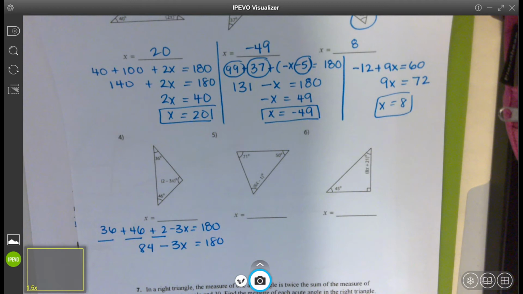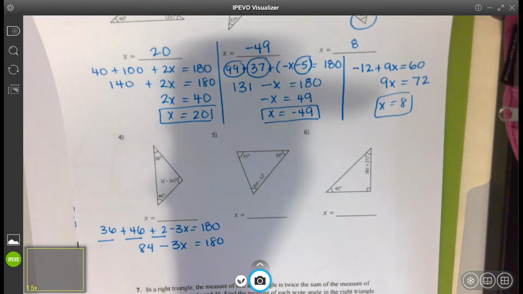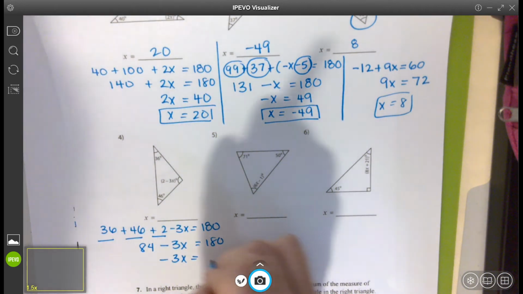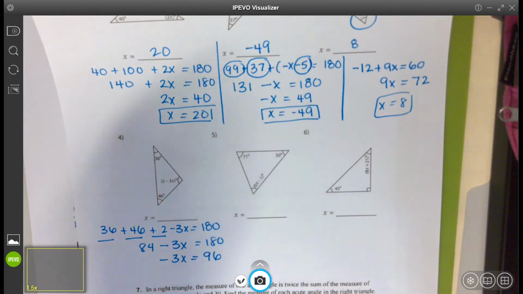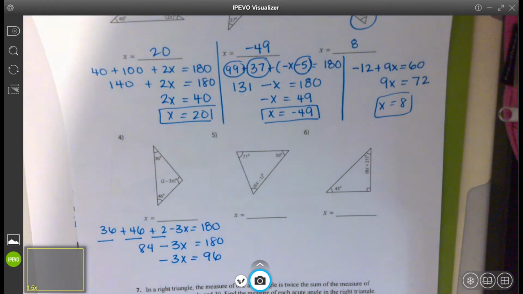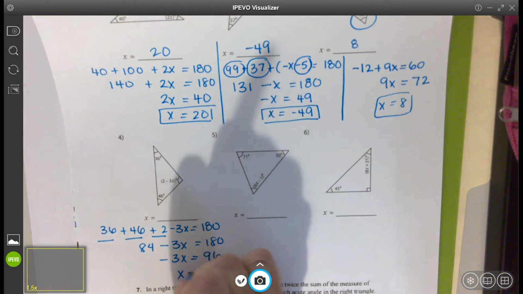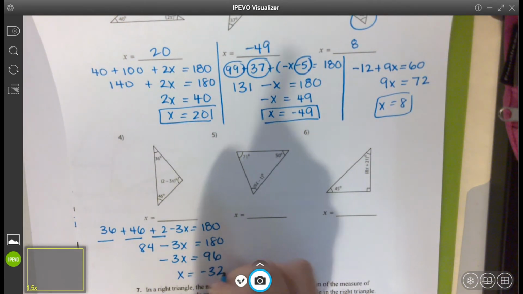So we're going to subtract 84 from both sides. So I have negative 3x equals 96. Again, don't forget to bring your negative down. Now I'm going to divide both sides by negative 3, and x is going to be negative 32.